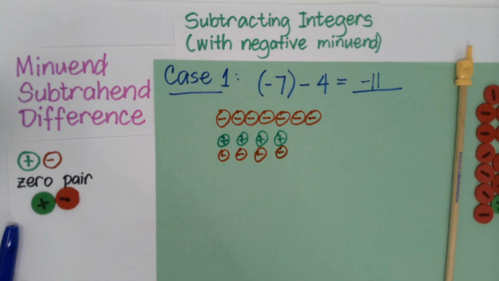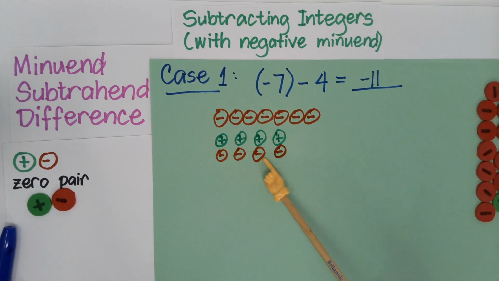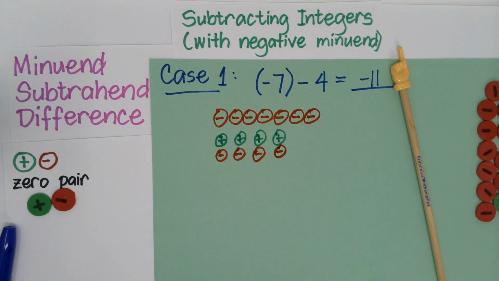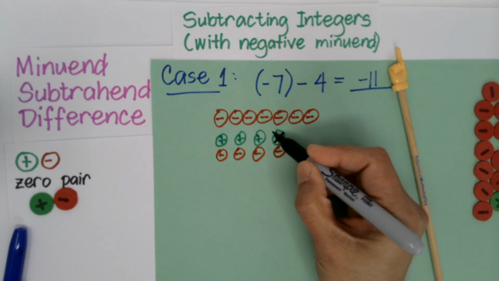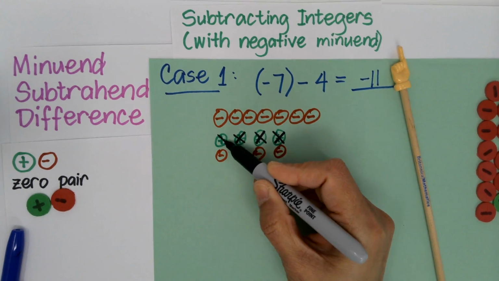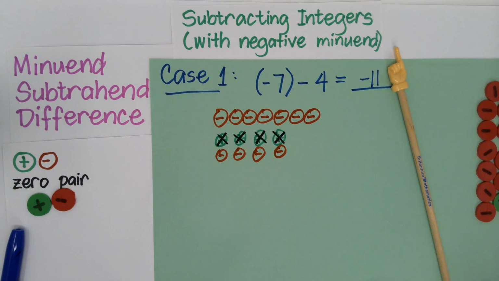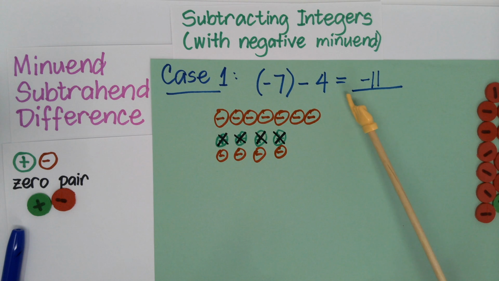And now we have 4 zero pairs. So 1, 2, 3, 4. Okay, so now we can take away positive 4. We just simply have to cross out the positive discs. So 4 of them, 1, 2, 3, and 4. And we have 11 negative discs left, so therefore negative 7 minus 4 is equal to negative 11.